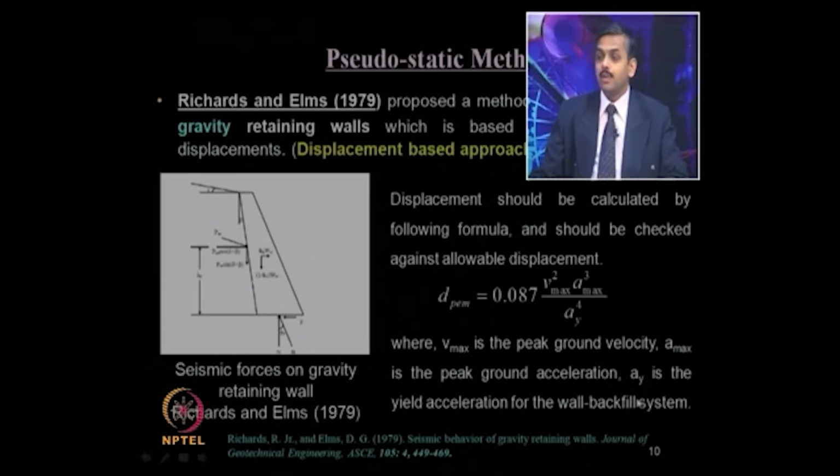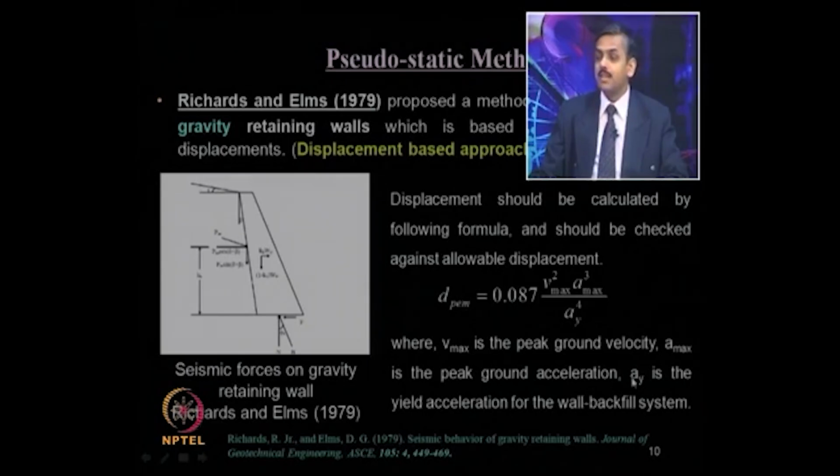What is the definition of yield acceleration? Yield acceleration is that acceleration when the factor of safety with respect to sliding of this wall will be equal to 1. So, A y refers to that seismic acceleration beyond which, if the acceleration increases, the wall starts moving, because then the factor of safety with respect to sliding will be less than 1, right.